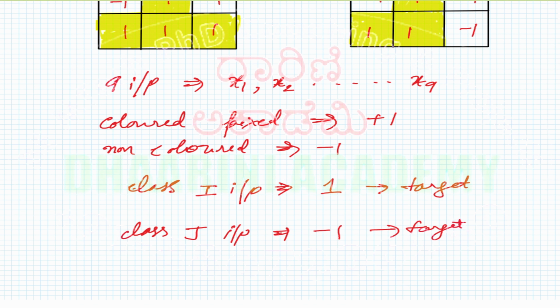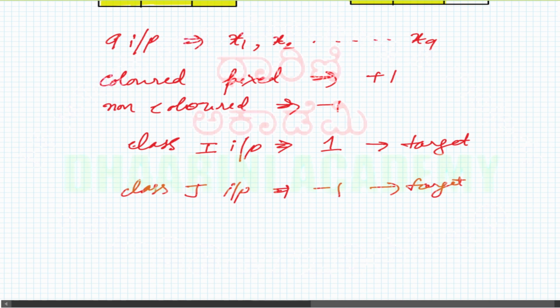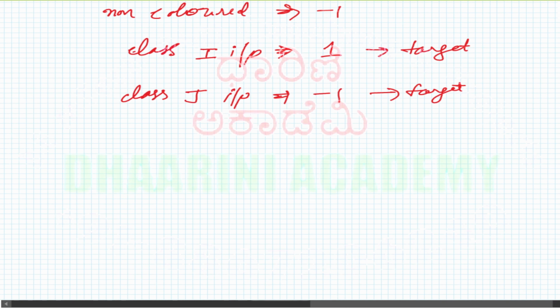Now you can imagine it's just the same question which we solved earlier, but the table is going to be very big. The inputs are x1, x2, x3 up to x9 and a bias, followed by delta w1, delta w2, up to delta w9 and delta b. This is the next column.